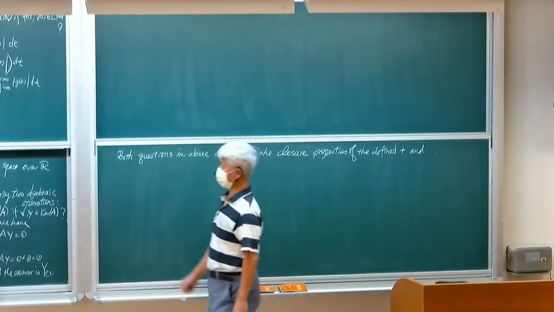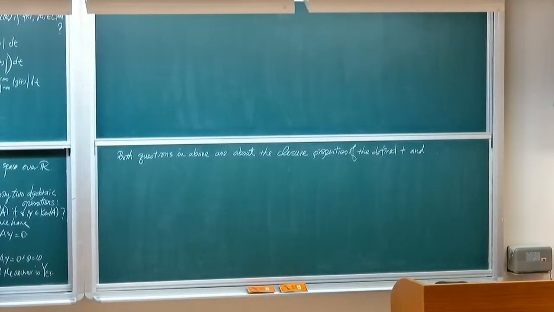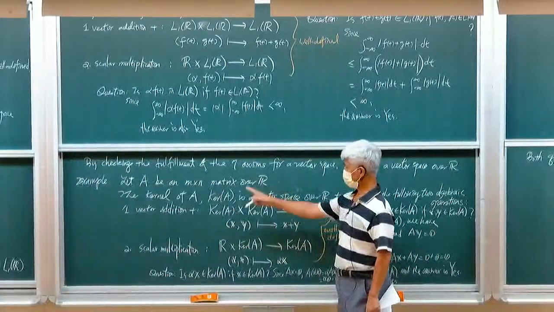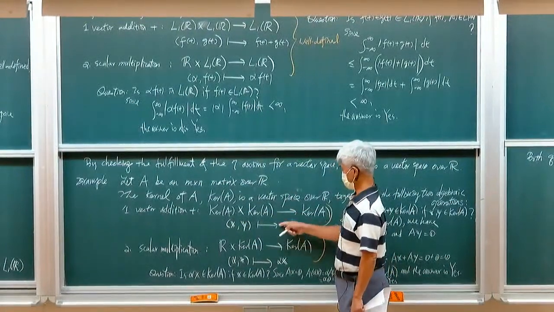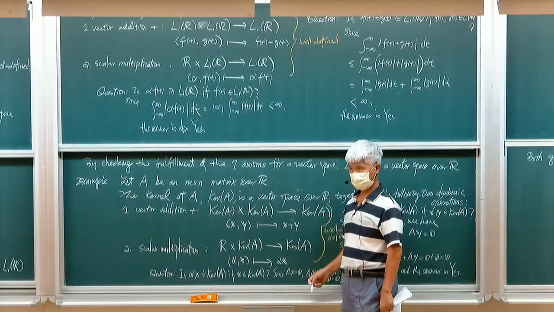These two questions are to verify that the vector addition has the closure property, and scalar multiplication also has the closure property.